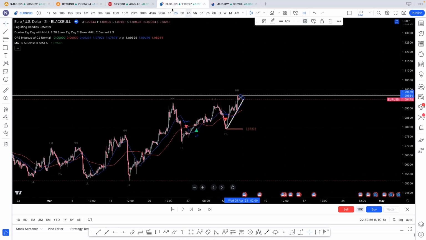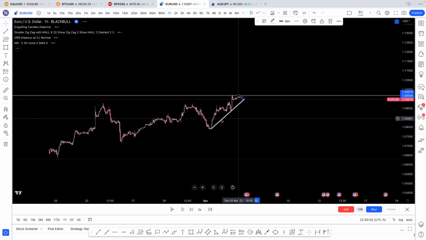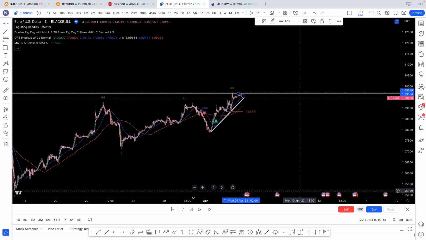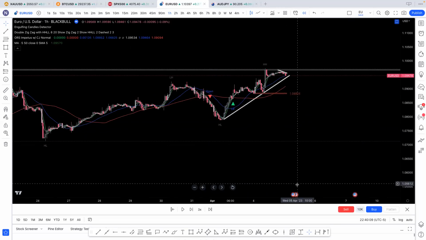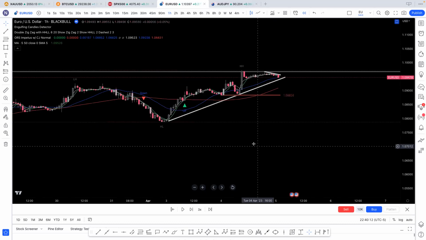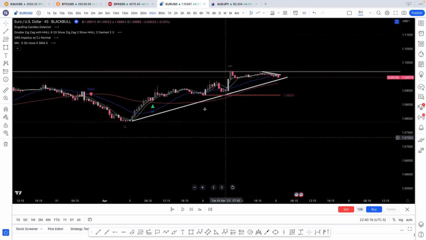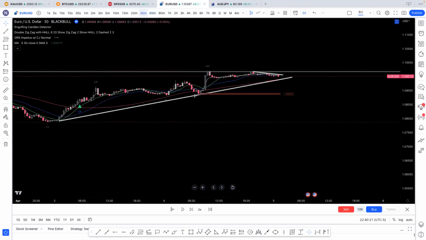So 2 hours is going to be too high. I'm looking at the blue and the red, which is my 20 and 50 regular. I'm looking to go down to the lowest time frame where I have no crosses. 30 is looking good.